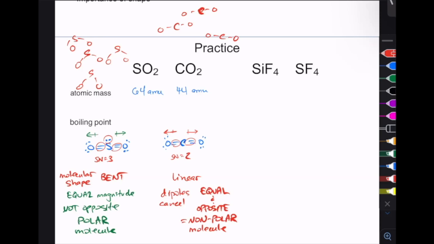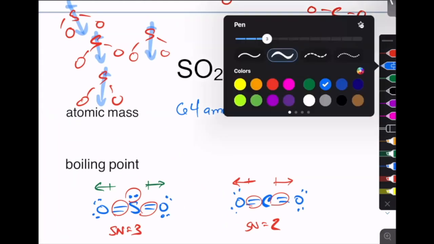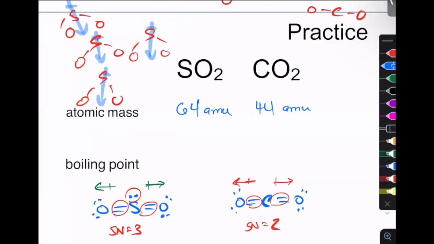Sulfur dioxide, they all have a permanent dipole. Let's draw it this way with the negative going towards the oxygens. Doesn't matter if you know that the negative is towards the oxygens or not. What matters is that sulfur dioxide has a permanent dipole on it, which means if I were to zoom in on this, each one of them has a delta positive end and a delta negative end. Delta positive, delta negative.